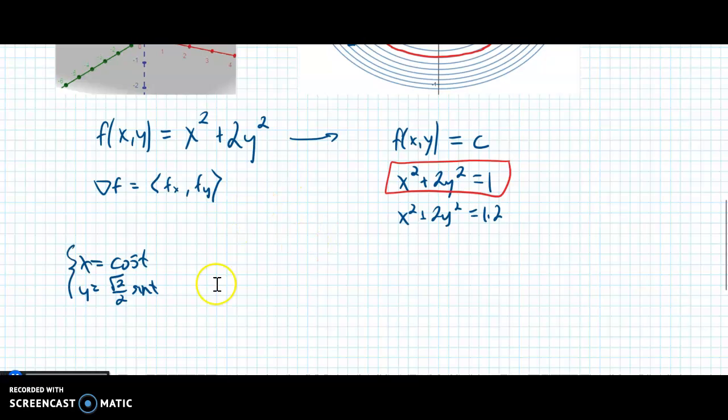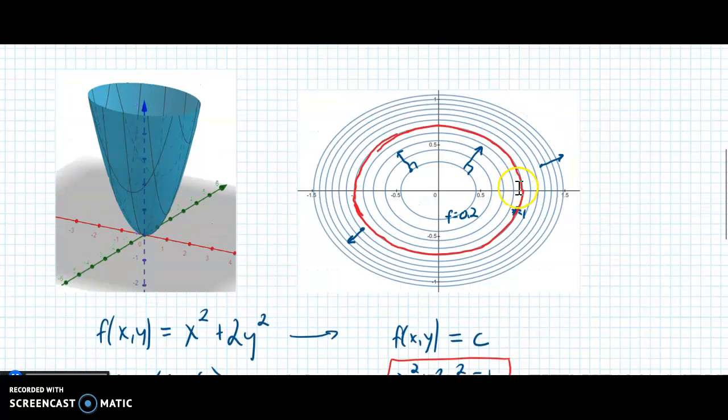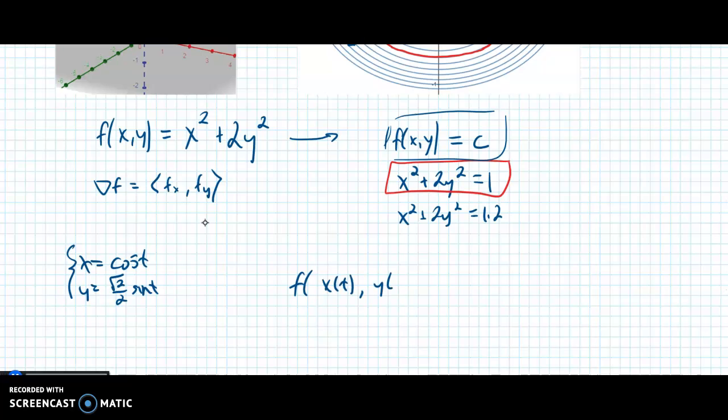Don't worry about where that comes from so much, but just that I could write that with that parameterization. If I take it from t equals 0 to 2 pi, it would start here, and it would go around like that. So, bottom line, when I get my contours, I can actually write them using a parametric equation in the xy plane. So what that means is that this f of x comma y equal to c could really be thought of as f of x of t comma y of t is equal to a constant, right?